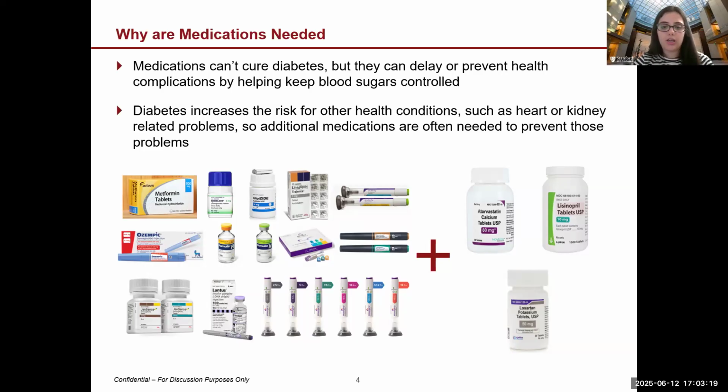So here I included two pictures. On the left, you see the different options to manage diabetes to lower blood sugar. Plus, most of the time, you will need additional medications to prevent the complications that can result from unmanaged diabetes.